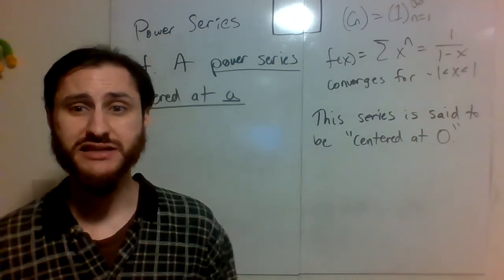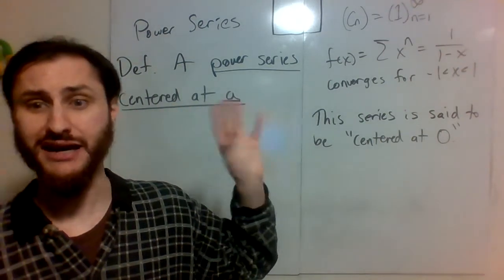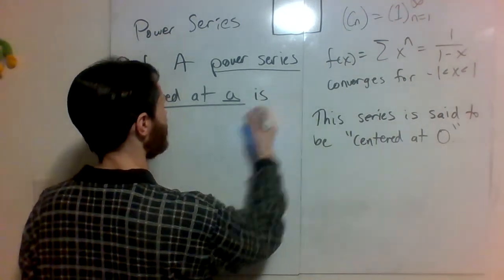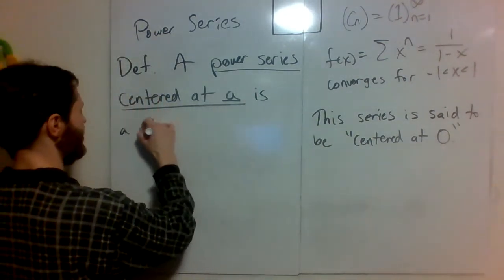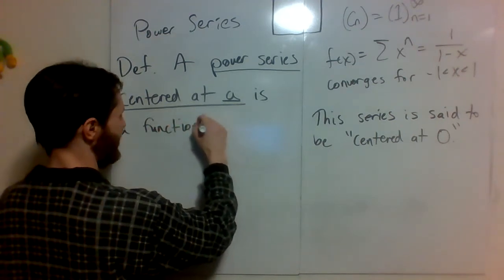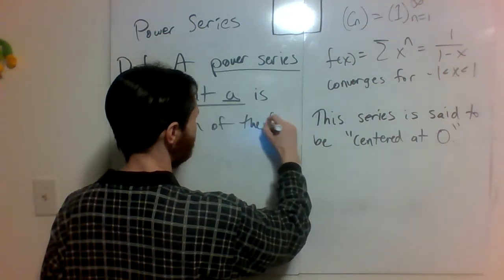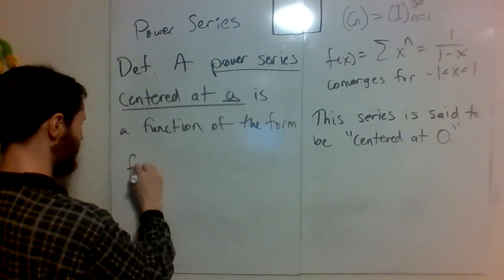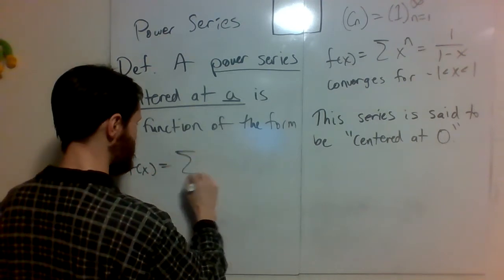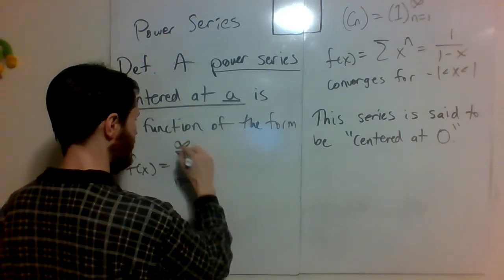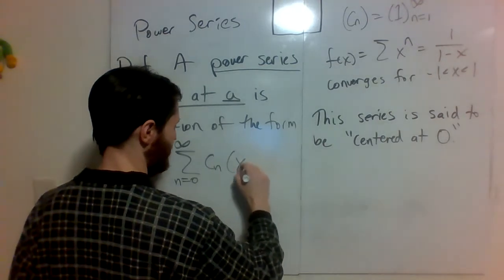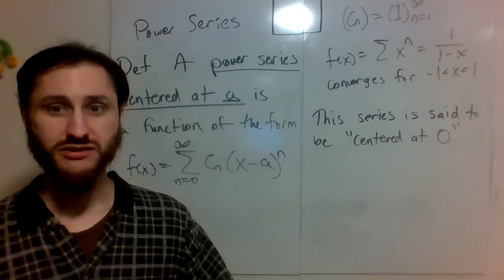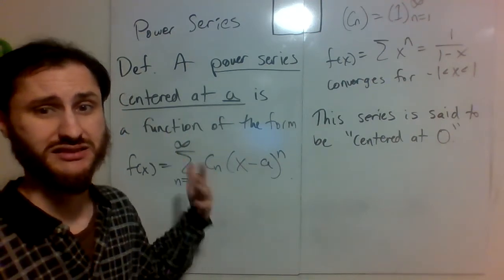So a power series is said to be centered at a. a is just going to be some number here. So in general, you can have a power series with this kind of representation.